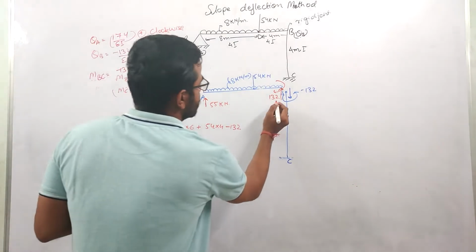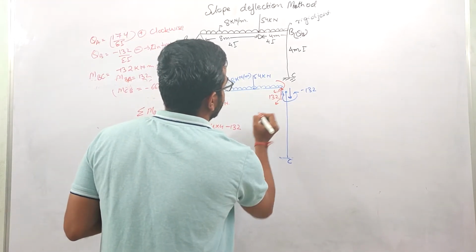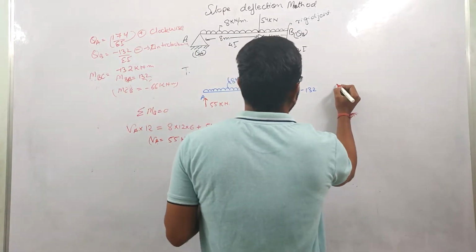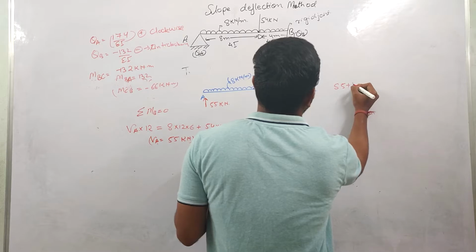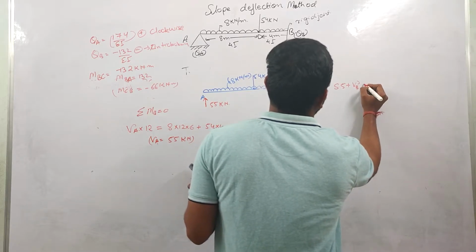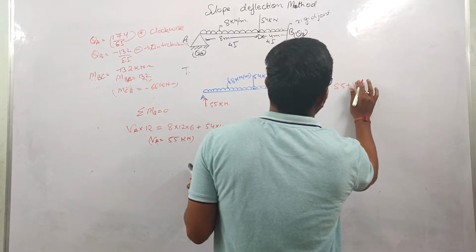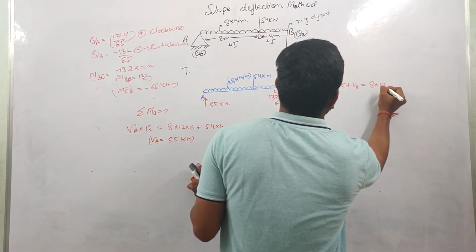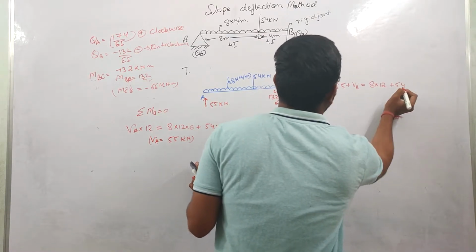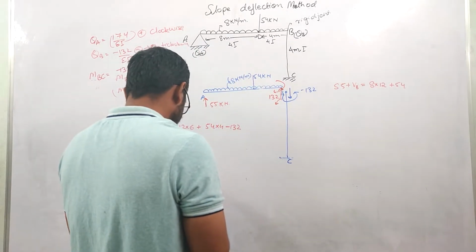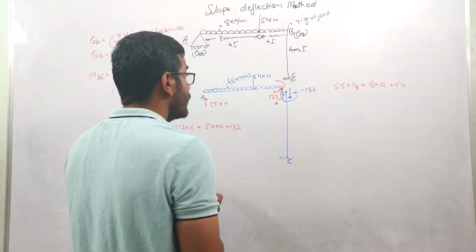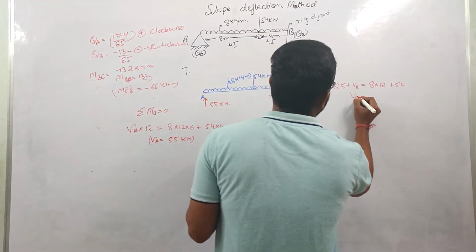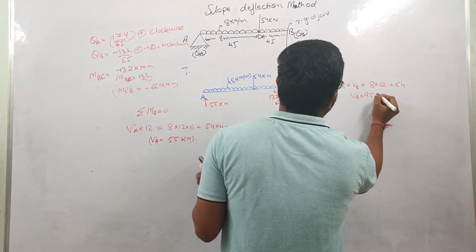Now there will be some reaction at this point also. We need to calculate that. If I consider the equilibrium of vertical forces for this portion, I can write 55 plus VB equals 8 into 12 plus 54, right? So VB equals 8 into 12 plus 54 minus 55. So this value VB equals 95 kilonewton.